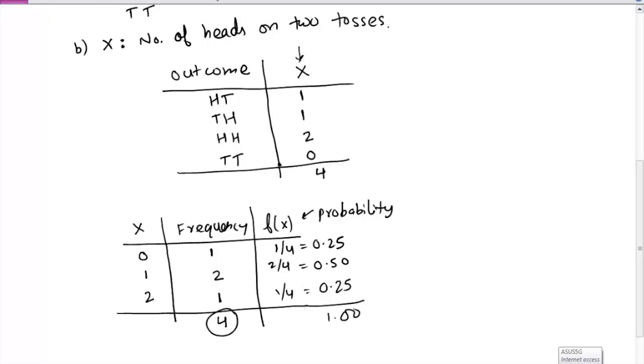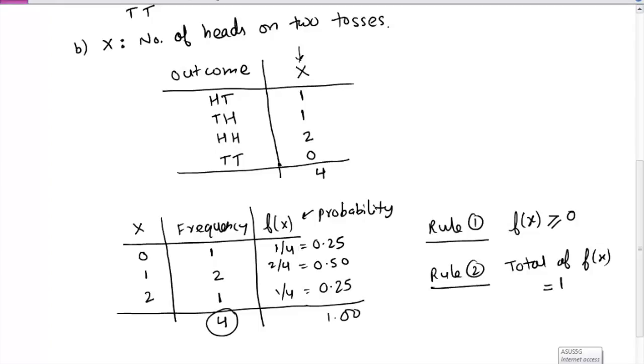There are two rules for any table to be a valid probability distribution table. The first rule is that each of the probability values, f of x, should be greater than or equal to 0. And rule 2 is if you add all the f of x values, it should add up to 1. You can see each of the f of x values, 0.25, 0.50, 0.25, so the first rule is okay.